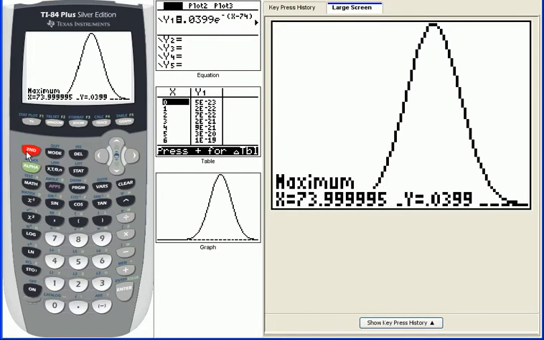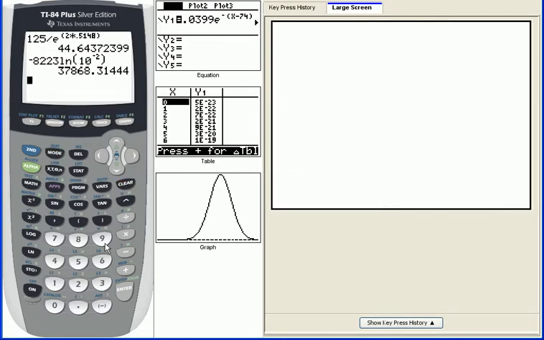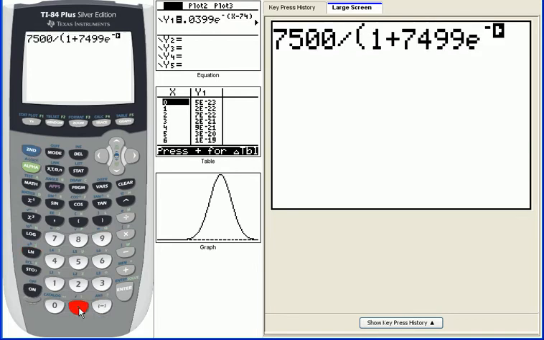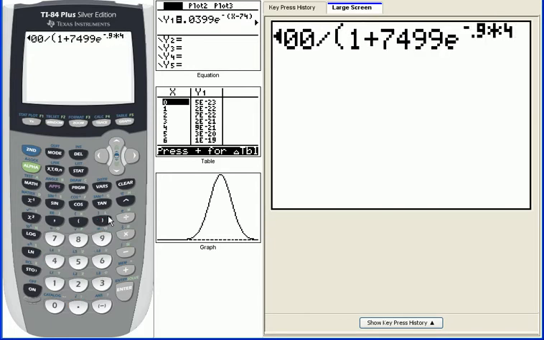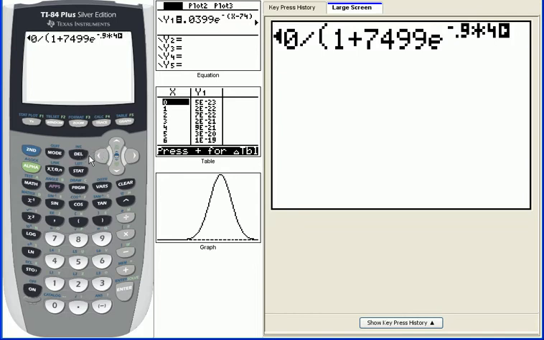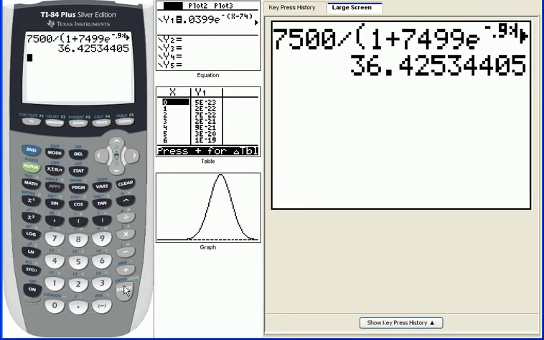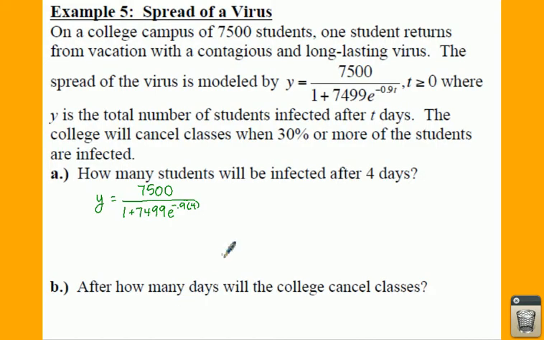We're going to go 7,500 divided by, and you need to put this in parentheses, 1 plus 7499 base e to the negative 0.9 times 4. So after 4 days, you're going to end up with 36.4, so that other 0.4 must be really short. You're going to end up with 36 students infected after 4 days.